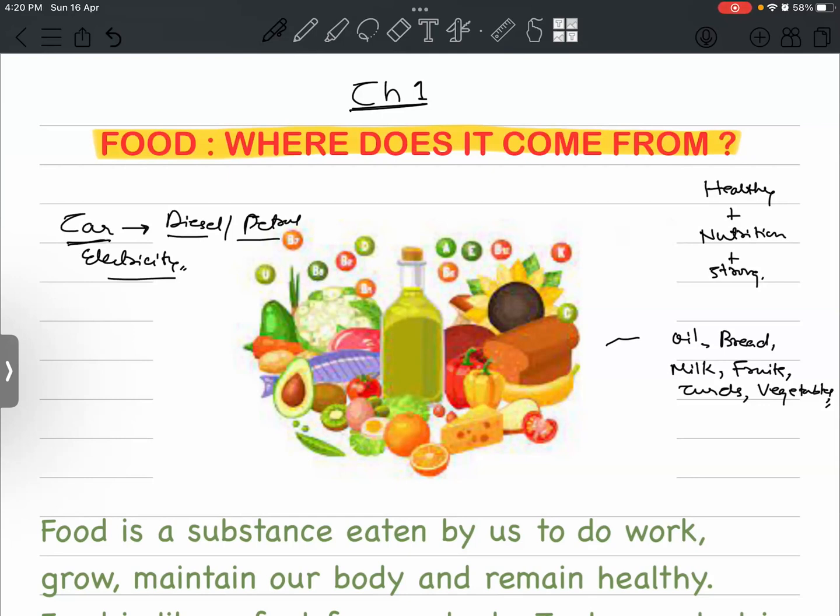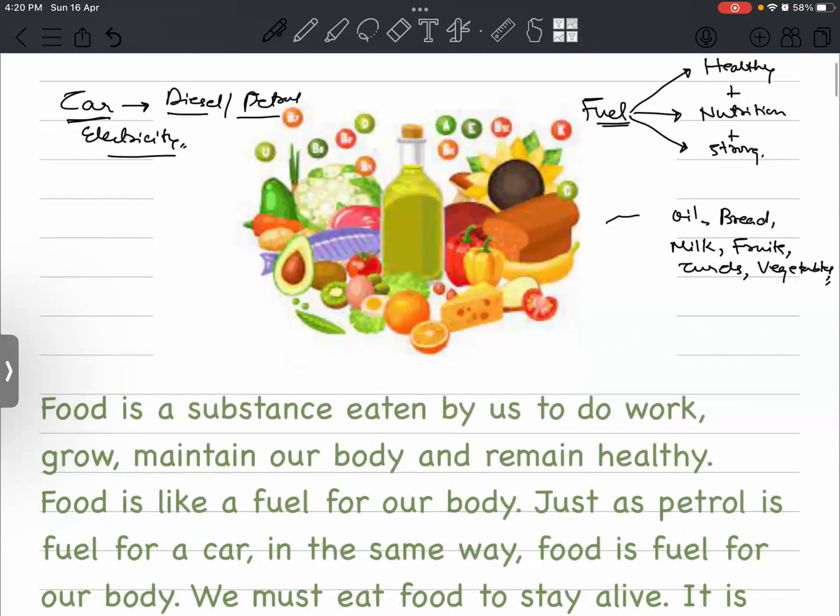In the same manner, we humans who have got n number of works to do on a daily basis, we have to do digestion, excretion, and so many different metabolic activities in our body. We also need fuel, right? Our fuel is basically the food which we consume. Those foods, as you told, provide us nutrition, make us healthy and strong.